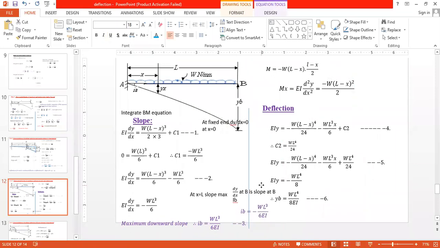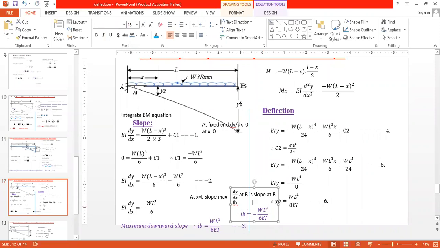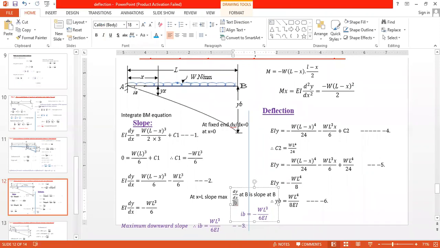Here dy by dx at B is the slope at B, that is theta B. So theta B equals minus wL cube divided by 6EI, the slope at B. Now see here, it is a slope. Now I will remove the negative sign and I will write downward slope.